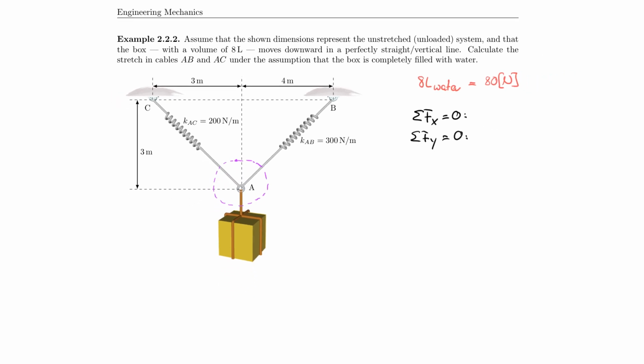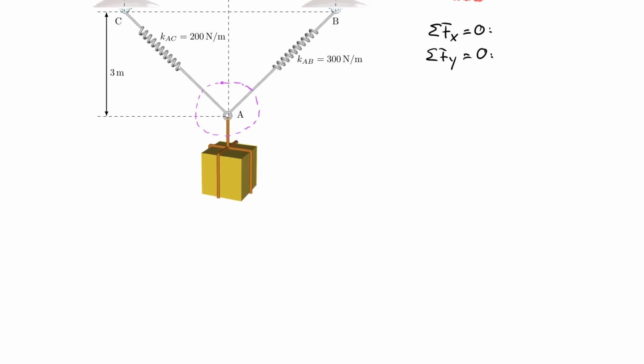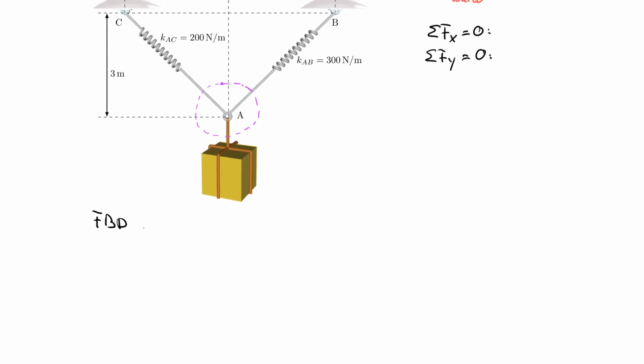All right, let's draw the free body diagram for node A. So free body diagram for node A. And I'm going to copy my slopes here. So the first one is a 3, 4, 5 triangle, and then we have the, sorry, that's actually a 3, 3, so that's a 45 degree.